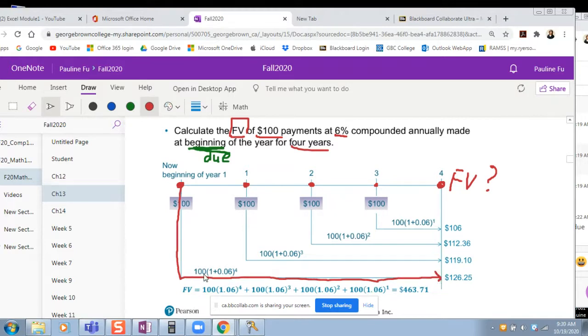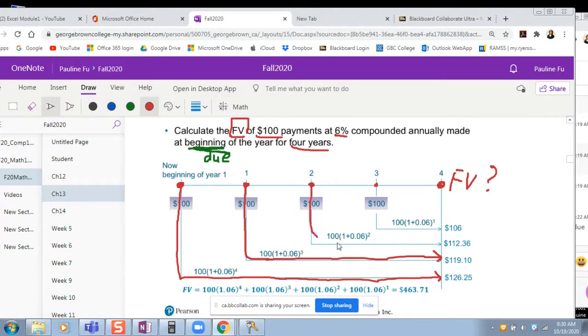You use 100 times 1 plus I raised to power 4. And then you convert this $100 into the future value here: 100 times 1 plus I raised to power 3.